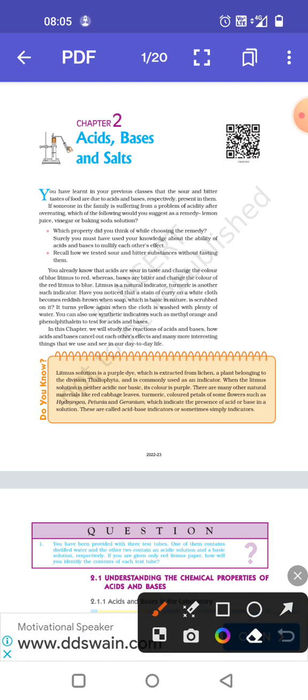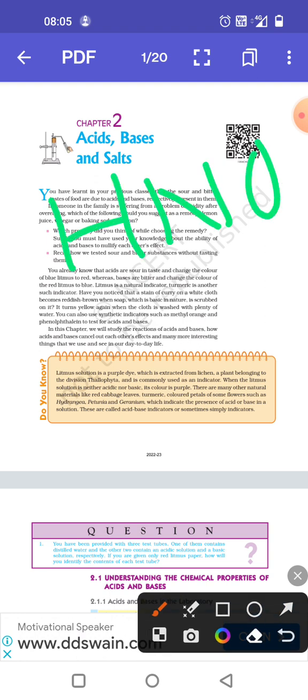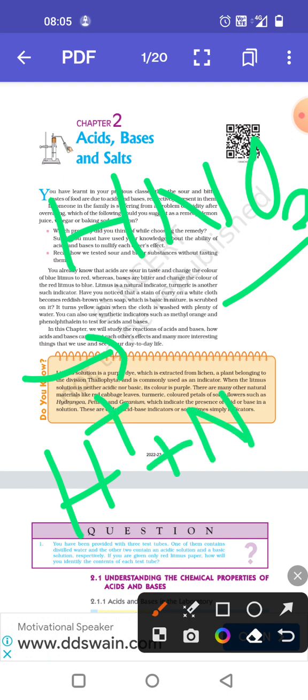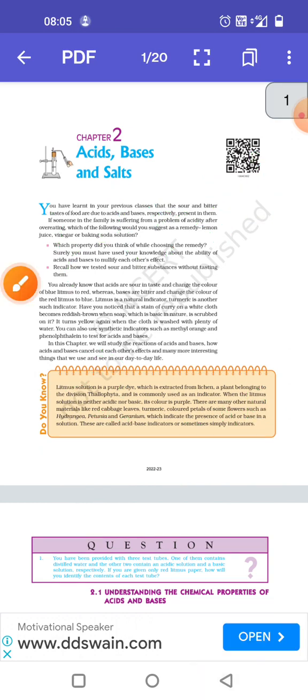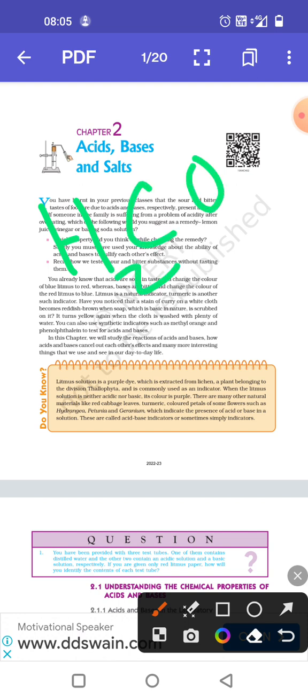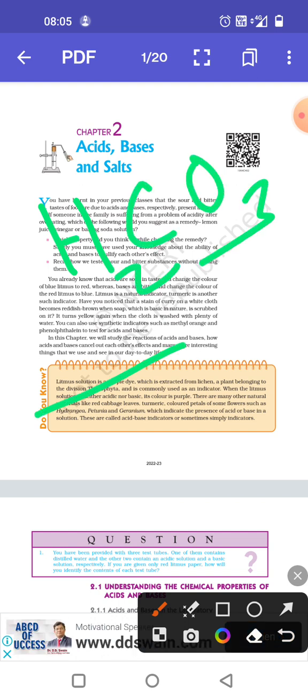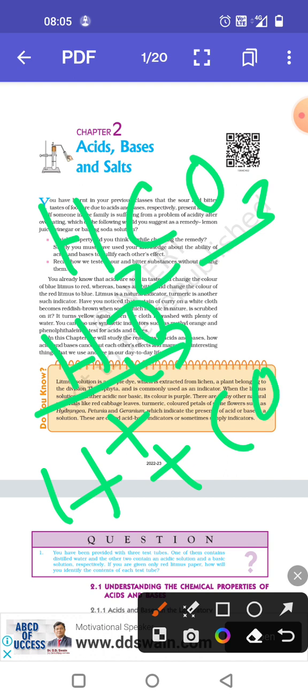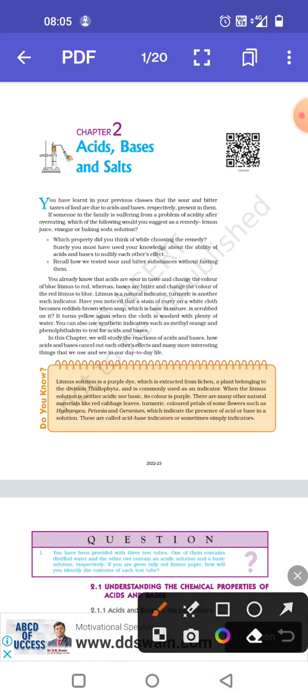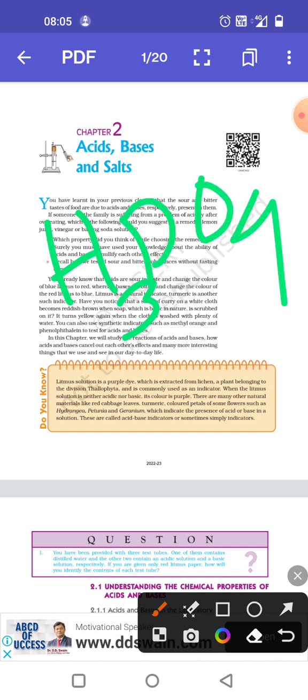Another acid we can take, HNO3, that is your nitric acid. It gives rise to H plus ions and NO3 minus, or nitrate ions. Another acid, H2CO3, carbonic acid. In aqueous solution, it gives H plus ions with carbonate ions. And another acid, that is phosphoric acid, H3PO4.